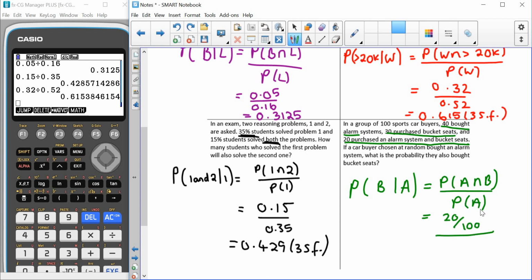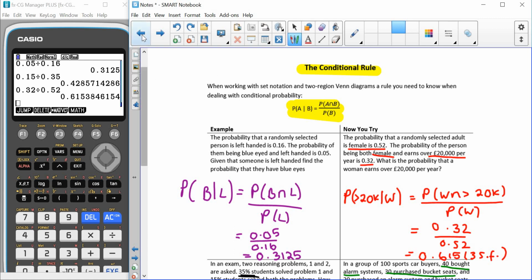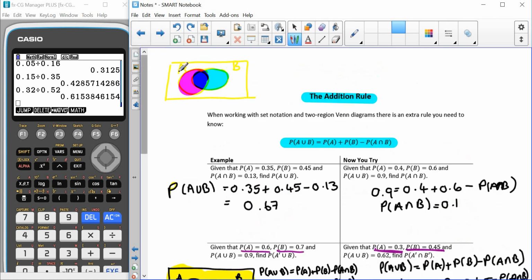Out of the probability that they bought an alarm system, which was 40 out of 100. And when we put that into our calculator, we should get a half. And remember that the formula for the conditional probability and the formula for the addition rule are not given in the formula booklet, so you have to try and remember them.